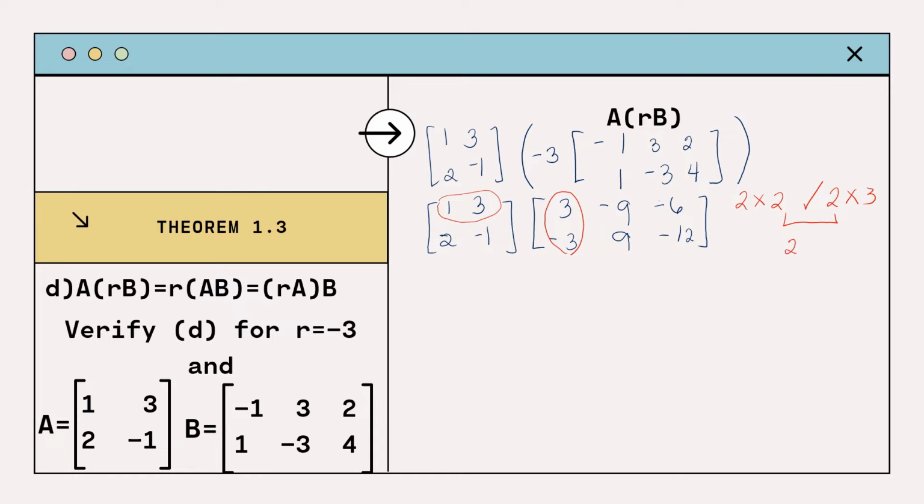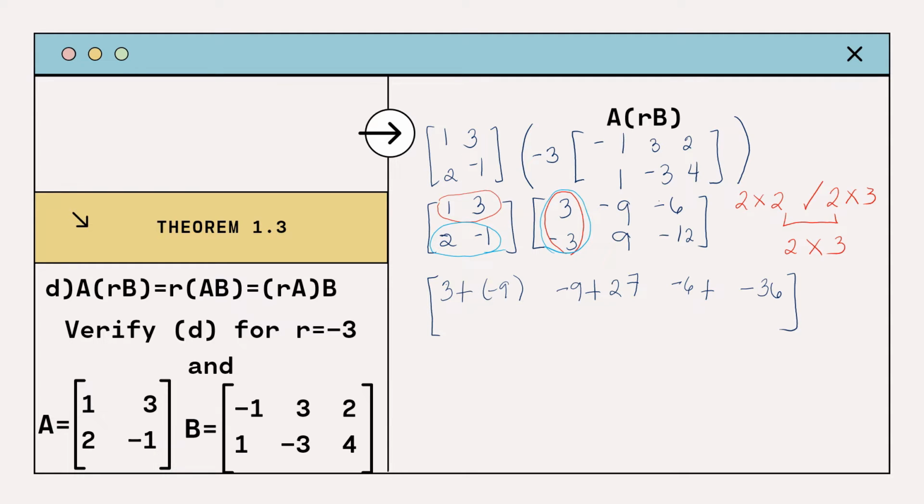Our result would be a 2 by 3 matrix. 1 times 3 is 3, plus 3 times -3 is -9. 1 times -9 is -9, plus 3 times 9 is 27. 1 times -6 is -6, plus 3 times -12 is equal to -36. Next, we have this row multiplied to this column.